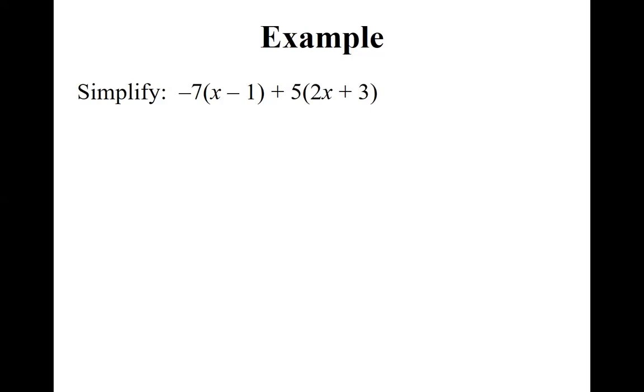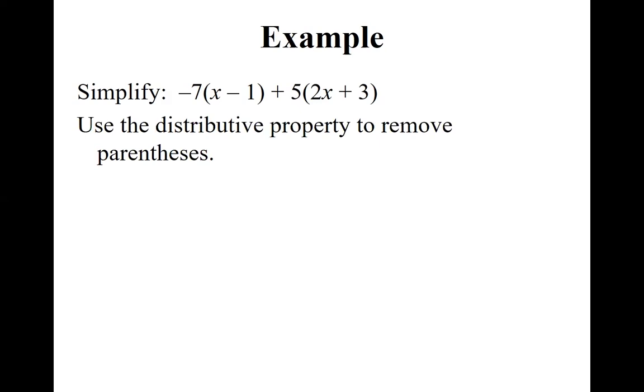Next up, negative 7 times the quantity x minus 1 plus 5 times the quantity 2x plus 3. First step, use the distributive property to remove the parentheses. We multiply. We take what we have and we distribute the negative 7 to the x and to the negative 1.